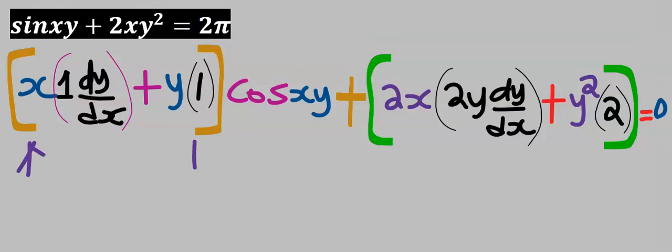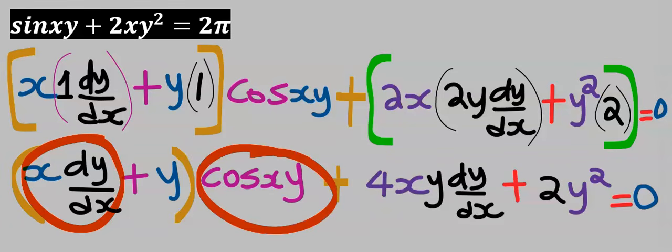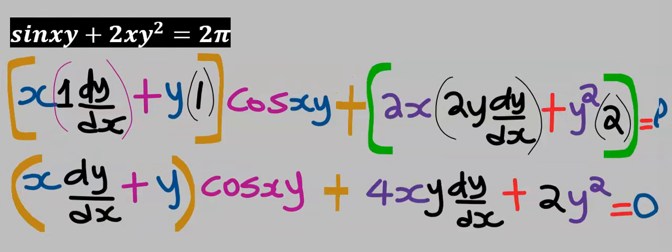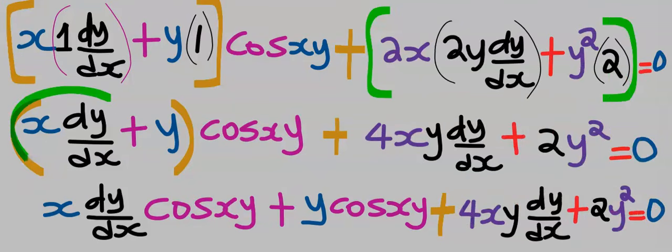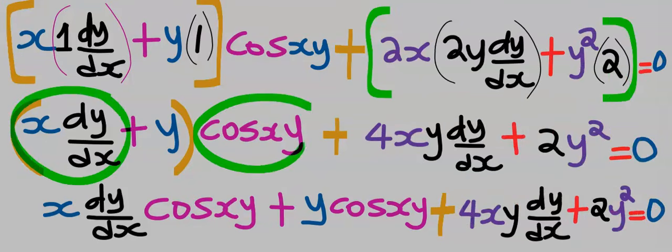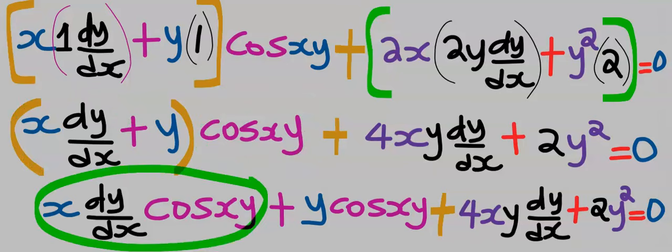Next, we open up the brackets. Next, this will multiply this. Likewise, this will equally multiply this by distribution. This multiplied by this, you will get this.